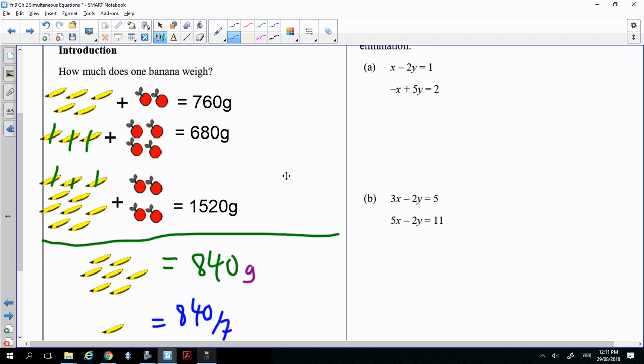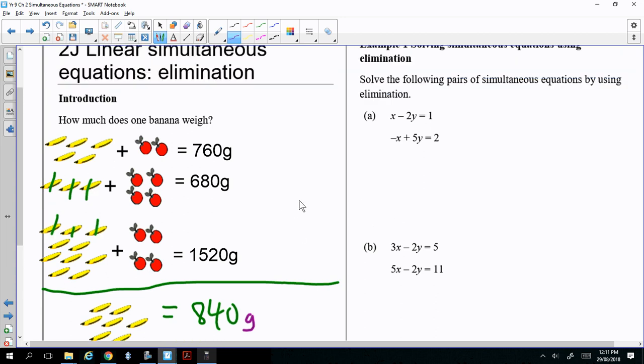Alright, let's look at algebra a bit. Let B be the weight of the banana, A be the weight of the apple. So that means I could write 5 bananas plus 2 apples gives you 760.